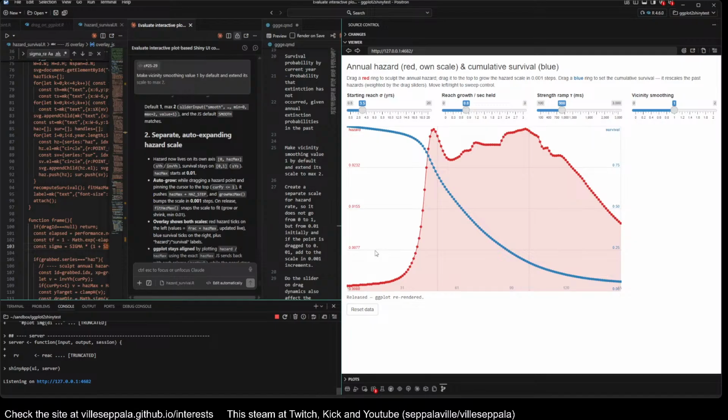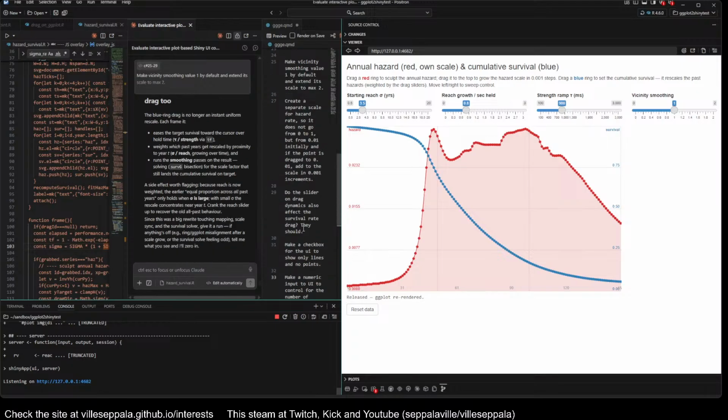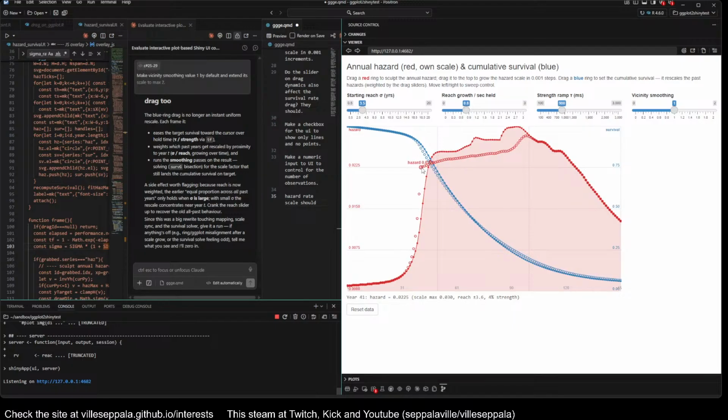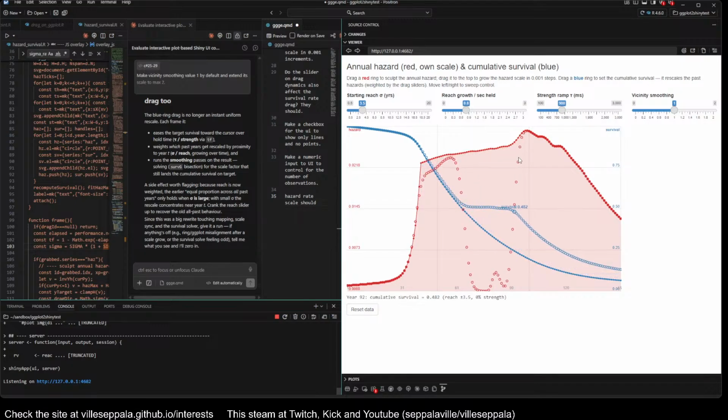I wonder if that's the only thing that's making this so unintuitive.